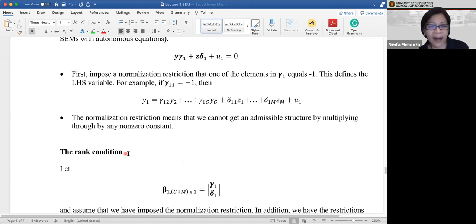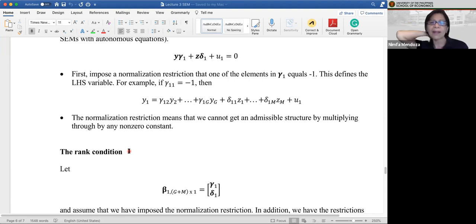Maybe I'll stop here since this can be quite confusing. So on Thursday, I'll go through the rank condition, the order condition, and the estimation. And if we have time, the cross equation restrictions and covariance restrictions.